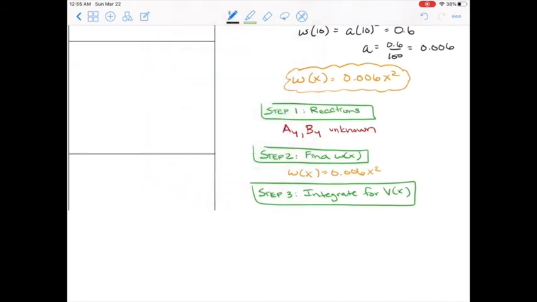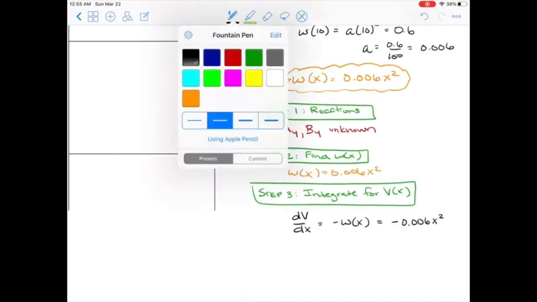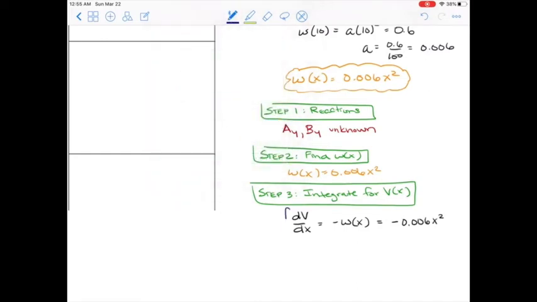So that relationship from the previous page was that dV/dx equals negative w of x, or in this case, it equals negative 0.006 x squared. Now I'll integrate both sides of this equation.